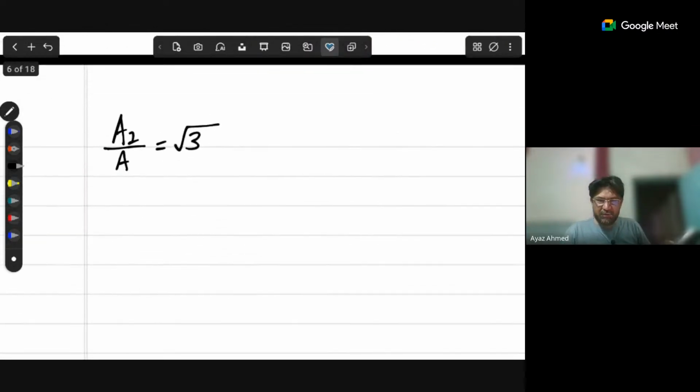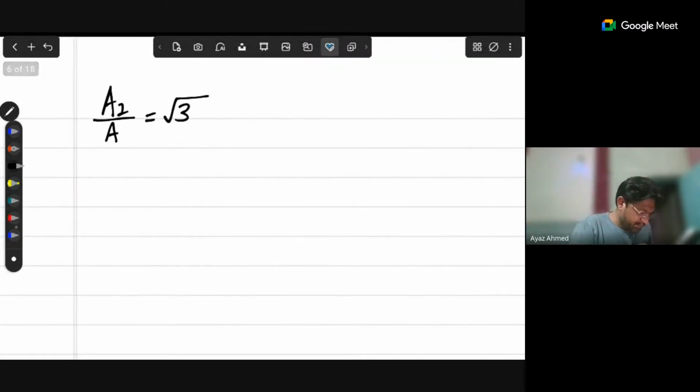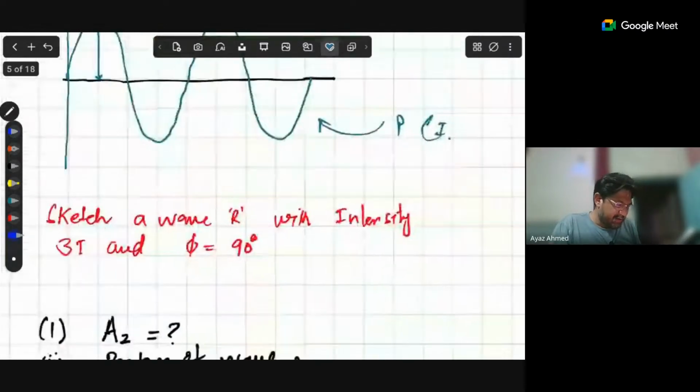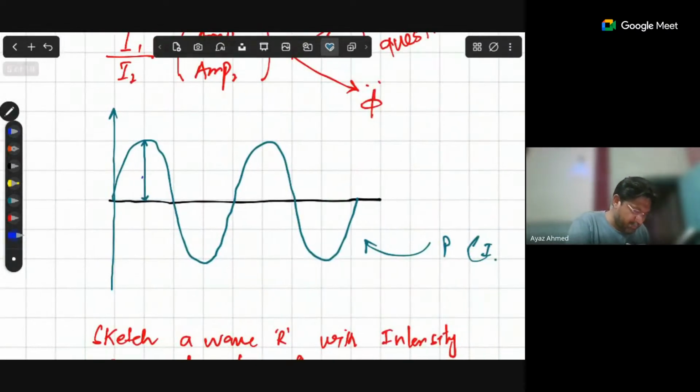Are you getting my point? So amplitude 2 is equal to the square root of 3 times amplitude 1. And amplitude 1 was how many squares? This question is coming from this point. This is your amplitude 1, and that is equal to 2 centimeters.